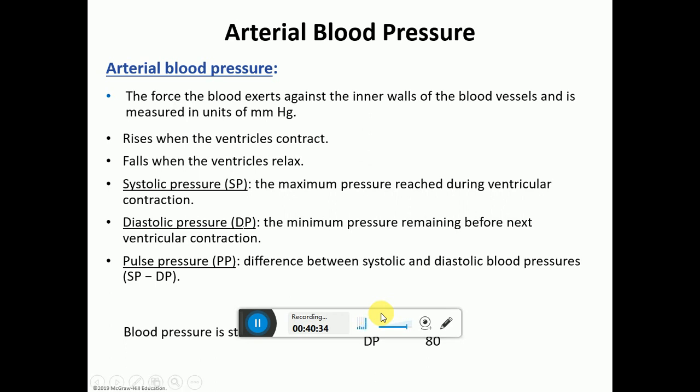Blood pressure is written as a fraction. Normal blood pressure, it's a range, but for example is 120/80. 120 represents the systolic and 80 represents the diastolic. The difference between these two, the 120 minus the 80, is known as your pulse pressure. So that's the difference between systolic and diastolic blood pressures.